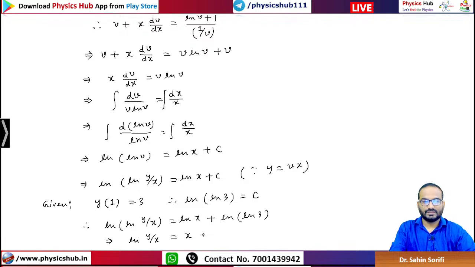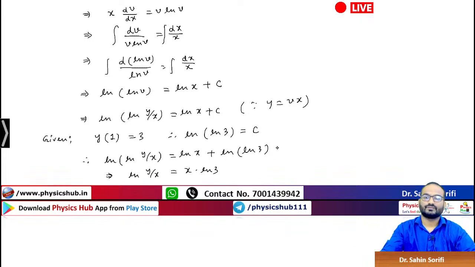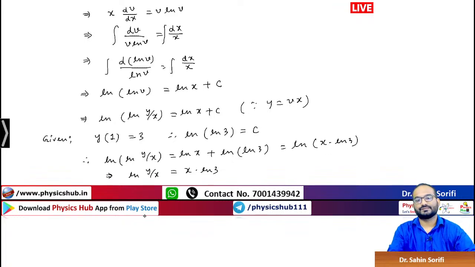So x e to the power x times ln 3, by removing ln from both sides, because this equals ln of x ln 3. From this, what you can write: y equals x times e to the power x ln 3.